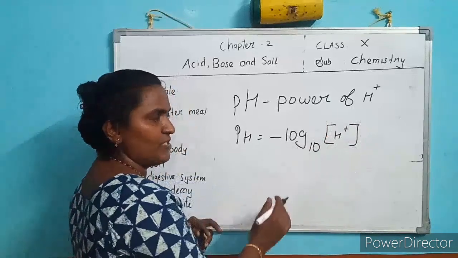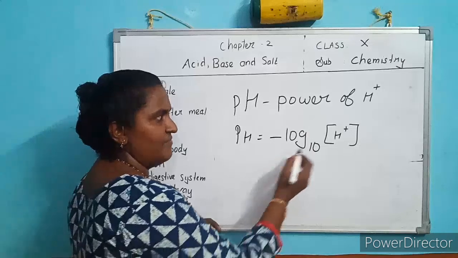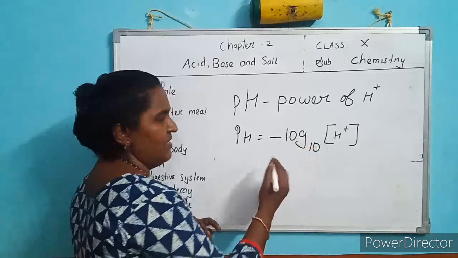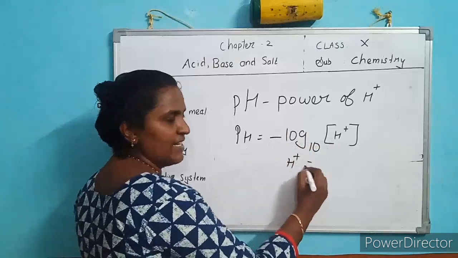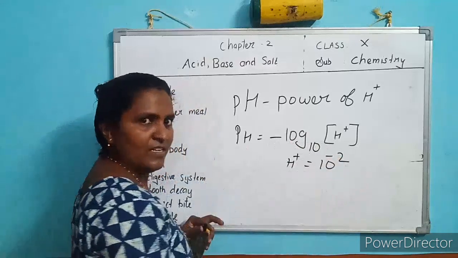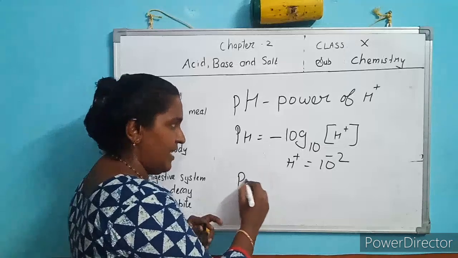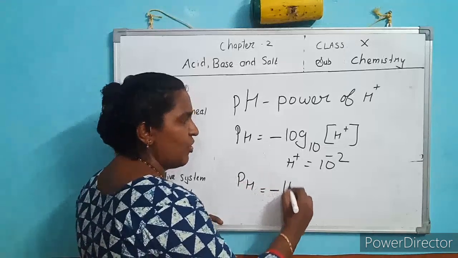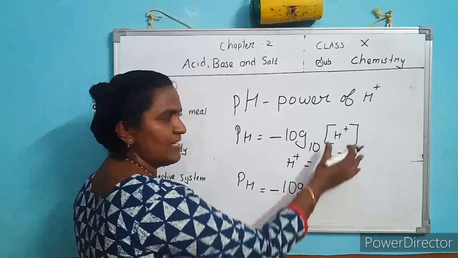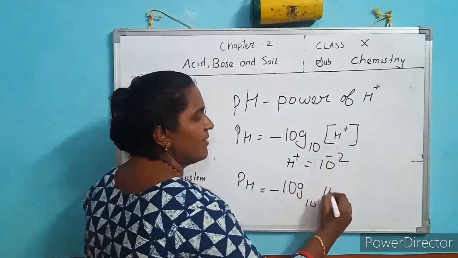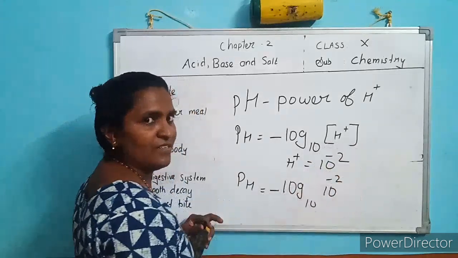Suppose the concentration value is given. For example, the concentration of hydrogen ion is 10 power minus 2. How do you find out the power of hydrogen? pH equals negative logarithm of the concentration of hydrogen, 10 power minus 2.